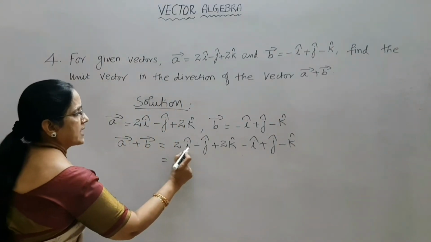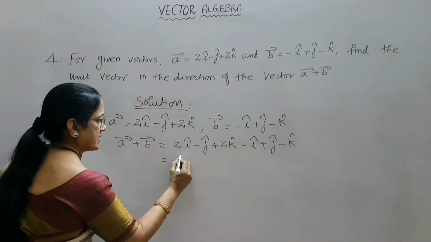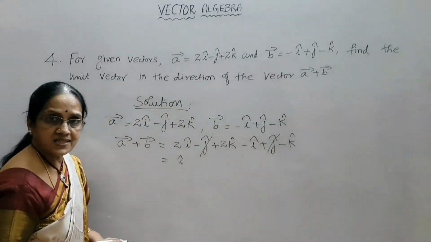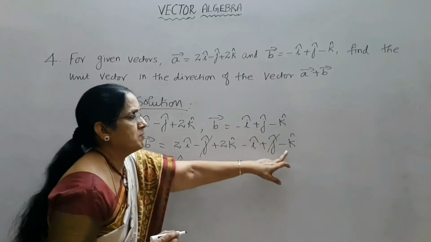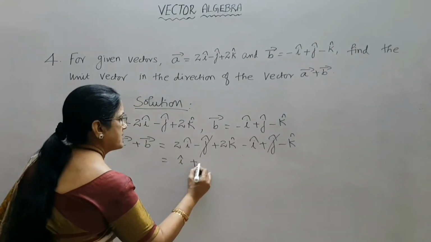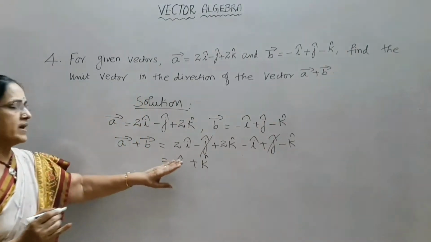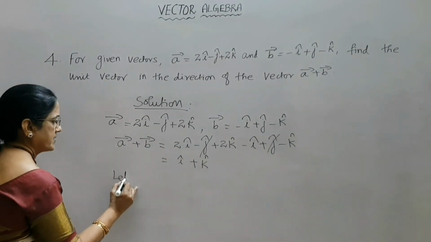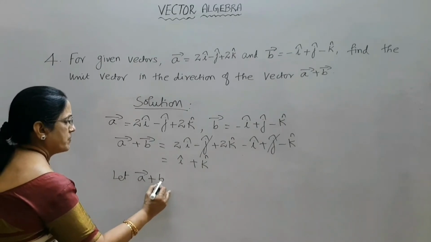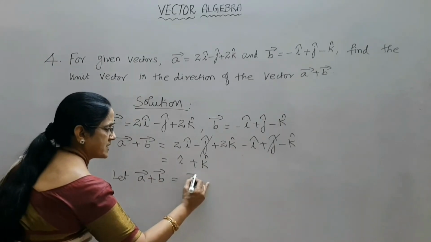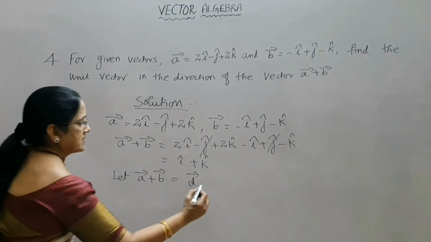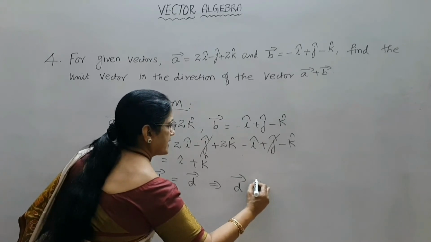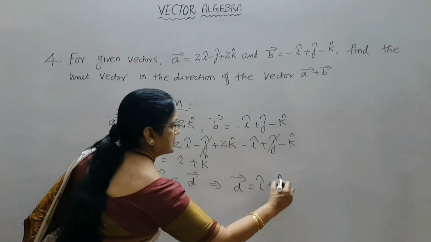Now 2i cap minus i cap is going to be i cap, minus j cap and plus j cap will get cancelled, then 2k cap minus k cap is going to be plus k cap. This is what you are getting as a vector plus b vector. So let a vector plus b vector be equal to some d vector. This implies d vector is equal to i cap plus k cap.